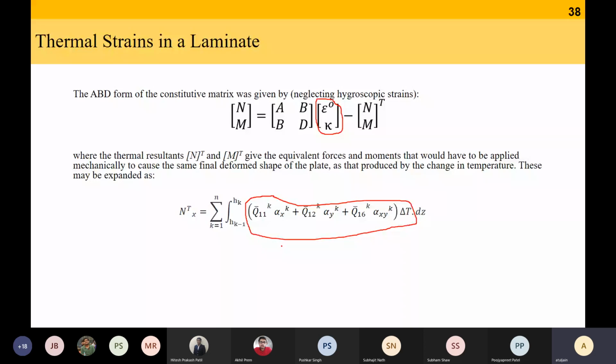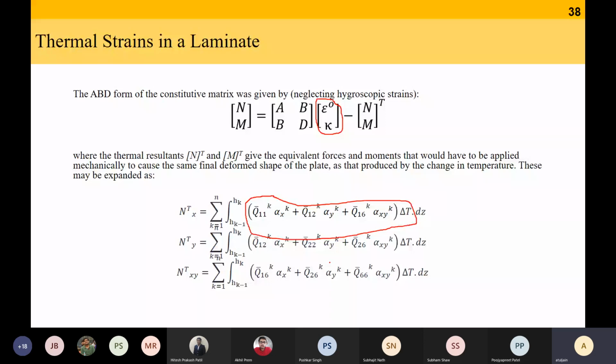Similarly, N T y will be something like this. And N T xy will be something like this. Notice that these terms are changing.